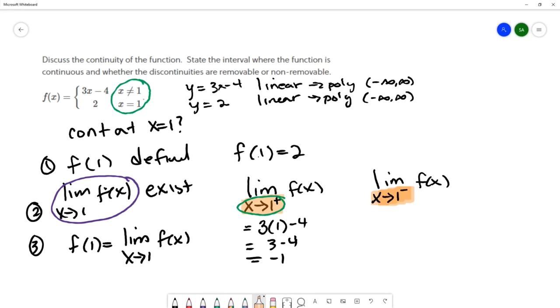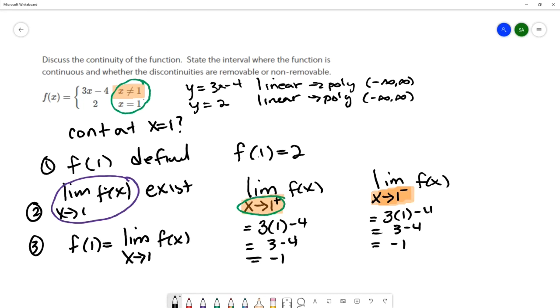We want to find x approaching 1 from below. Well, below 1 is less than 1, and less than 1 is not equal to 1. So once again, we're going to use the first equation to answer this limit. 3 times 1 minus 4, that's 3 minus 4, which is negative 1.